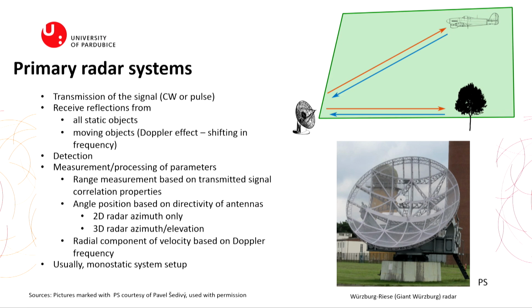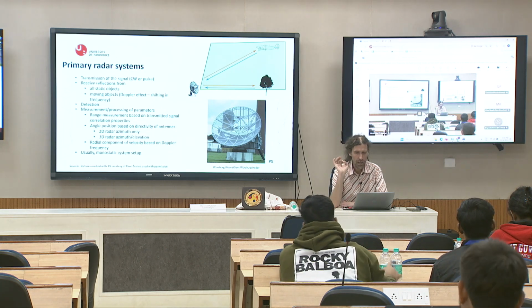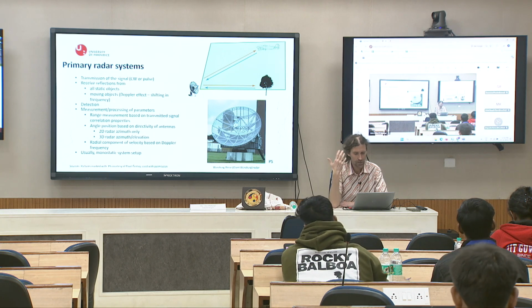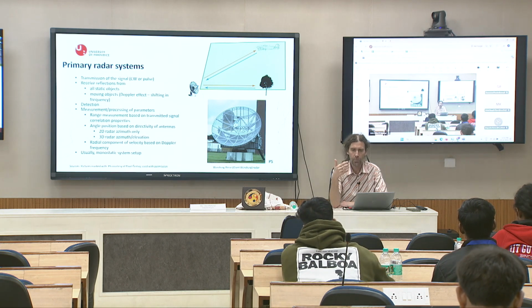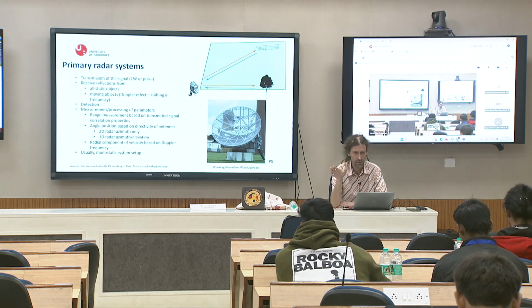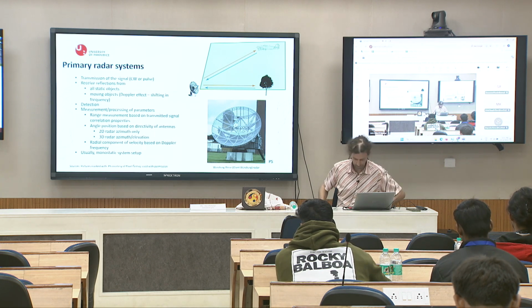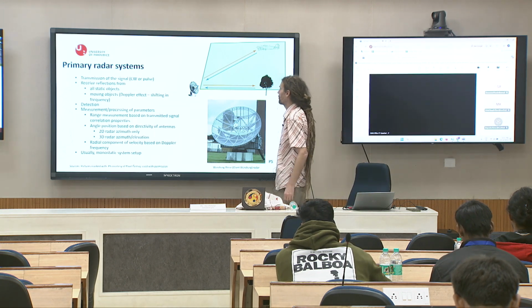It is basically all primary radar systems; the majority of them work in pulse regime. So when I talk about radars, it will always be about pulse systems. So there is just a brief example.